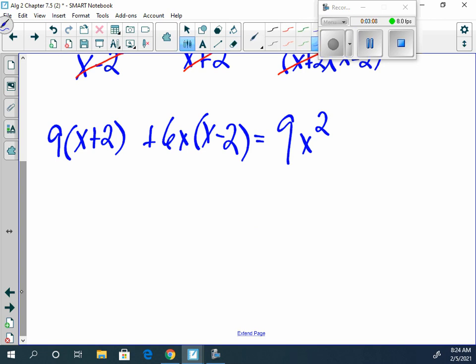So really, as nasty as these things looked, we did one main step. We did that multiplication by the least common denominator, and it turned something that looked nasty back into quadratics, which we are comfortable with.